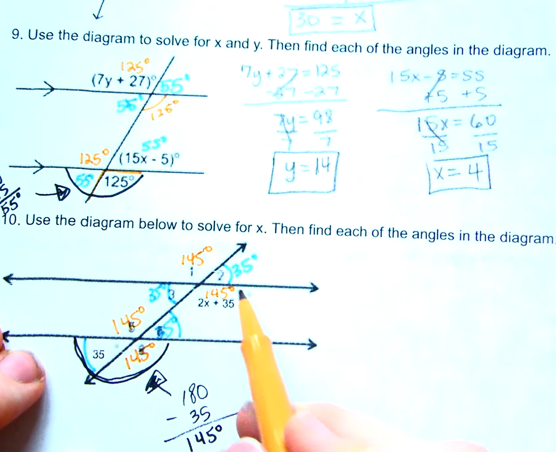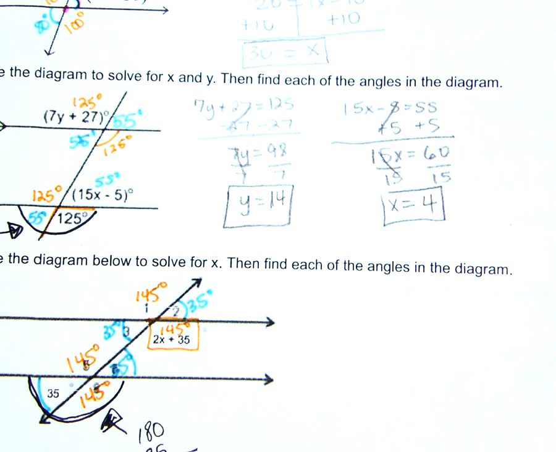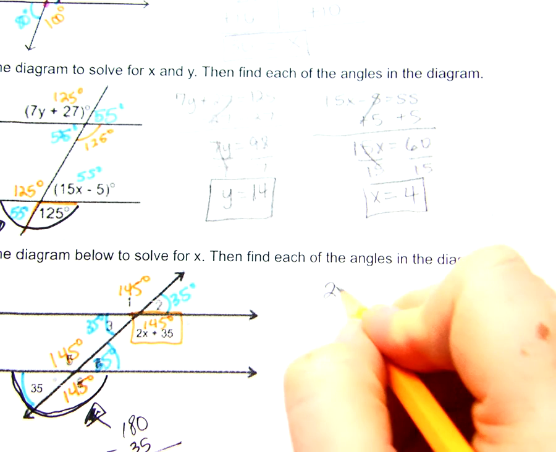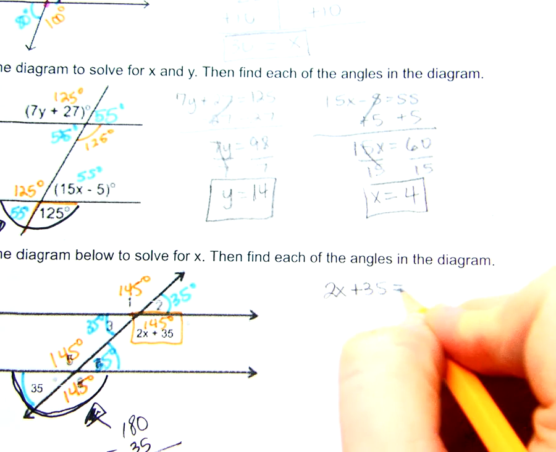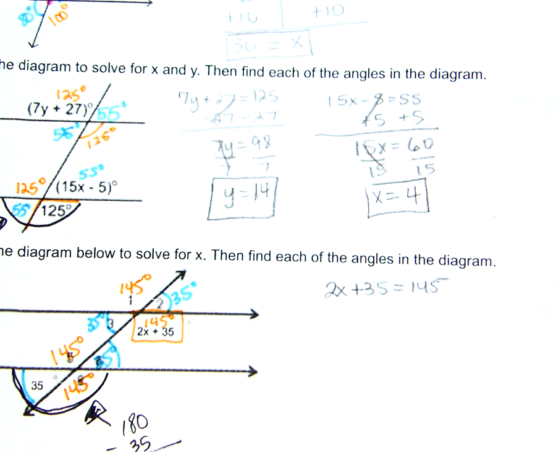And this really sets me up for being able to solve for that x, because now I know that 2x plus 35 has to be 145 degrees. So 2x plus 35 equals 145, right? Little two-step equation.